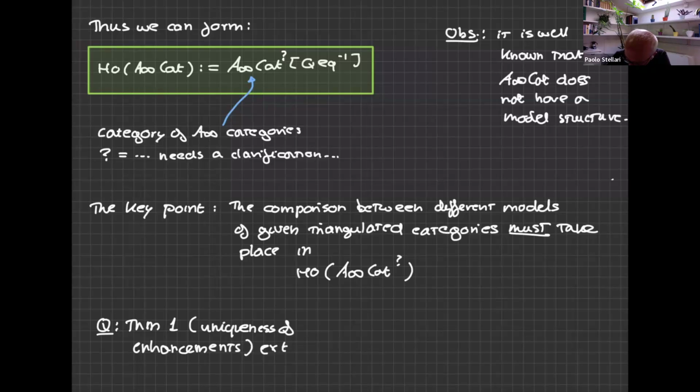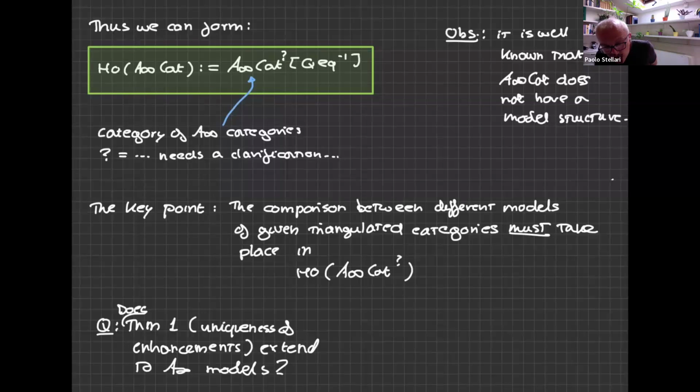Does it extend to A infinity models? So can we prove that the categories in the list that I mentioned at the beginning have a unique model, not only at the DG level, but also at the infinity level?